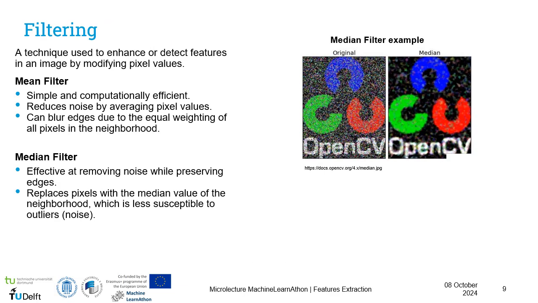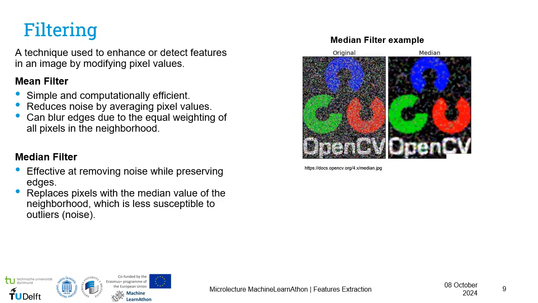Another family of techniques we will cover is filtering, which helps us reduce noise and detect features in images. The first and computationally simple method is the mean filter, which reduces noise by calculating the mean of neighboring pixels. This can help us reduce noise, but on the other hand it can blur edges a little bit.